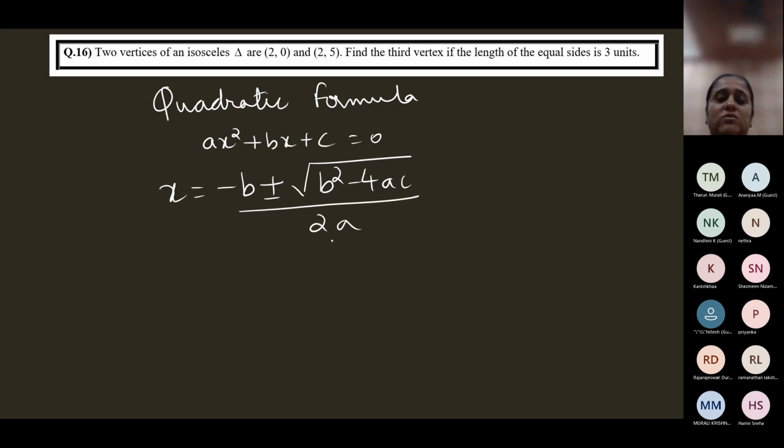Okay, and what are a, b, and c? a is the coefficient of x², b is the coefficient of x, c is the constant.